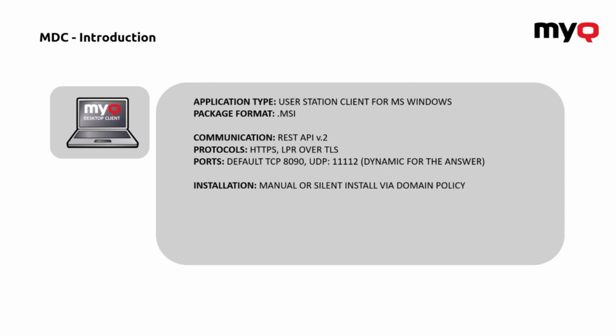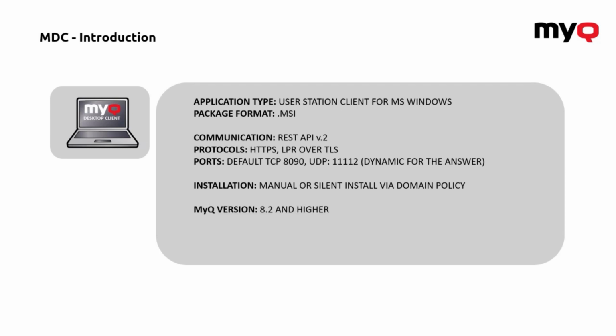When it comes to installation of this client, there are two options. You can either do it manually, or you can use a silent installation through the domain policy. Also, for the manual installation, the MSI package can be modified using parameters to define what you need, and then the installation is really simple. So you will get exactly the client options you need at your installation.